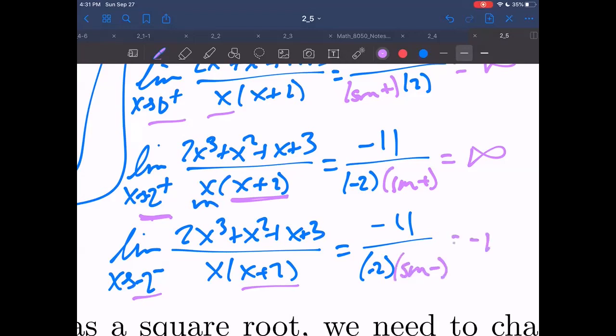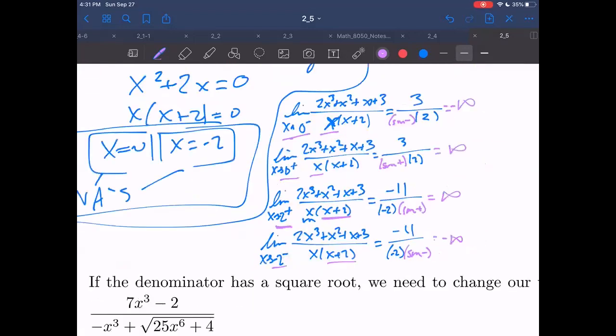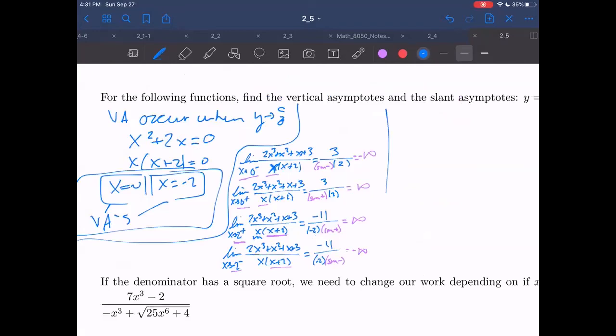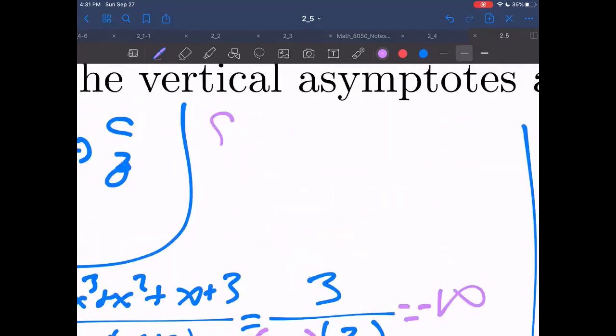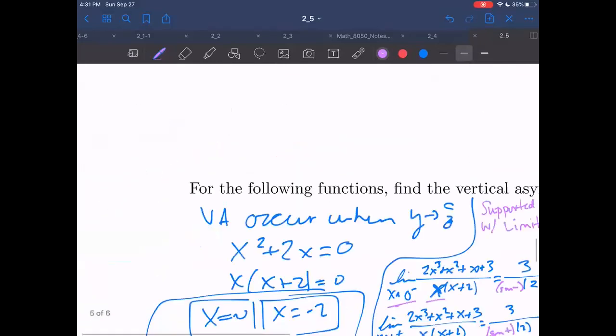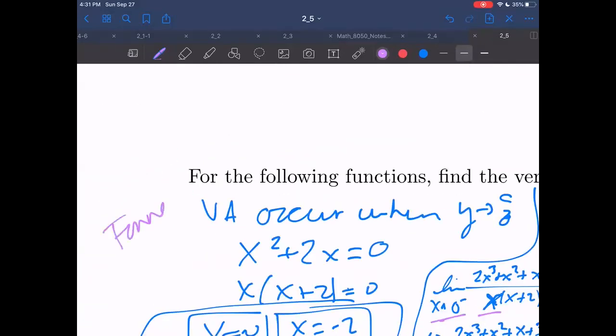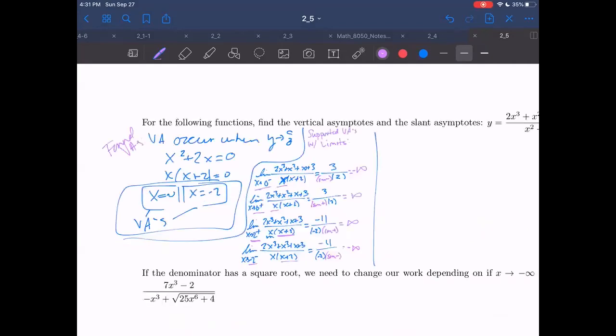So we get negative infinity. Okay, so there we've supported our answer. So we first found the vertical asymptotes, then we supported them with limits. And lastly, we're going to find our slant asymptote.